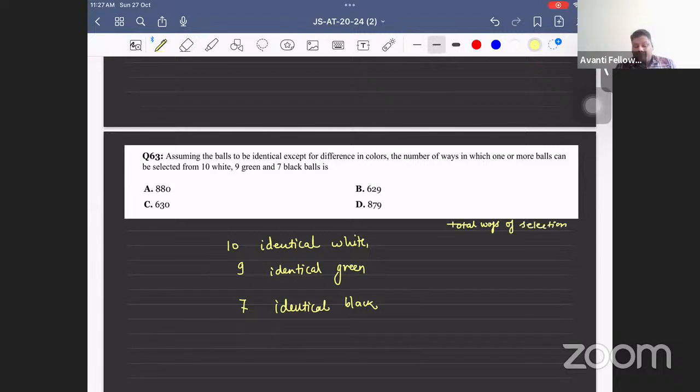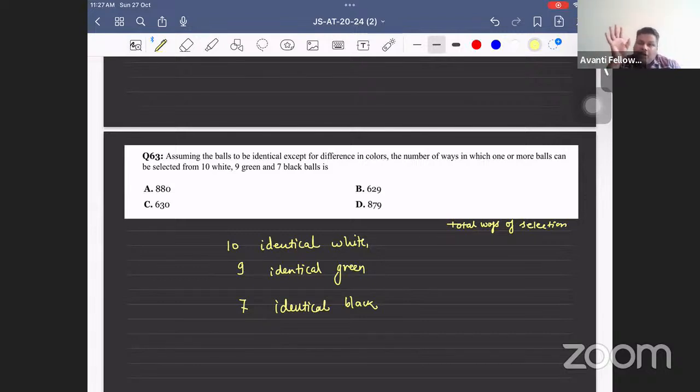Now understand this, there are 10 identical white balls. So total ways of selection will be what? 11. How come 11? Like I do not select any ball, that is a choice, so that is one way. I select one ball, that is also one way. I select two balls, again one way. I select three balls, again one way.